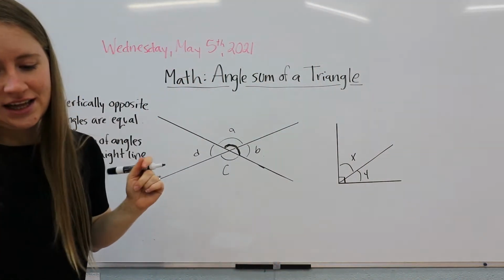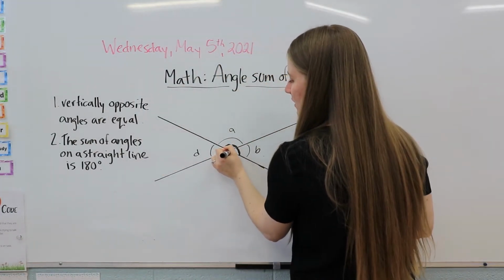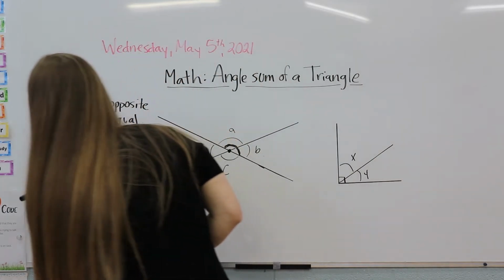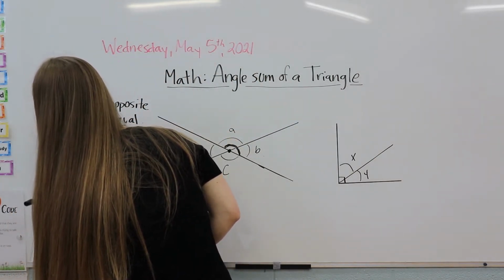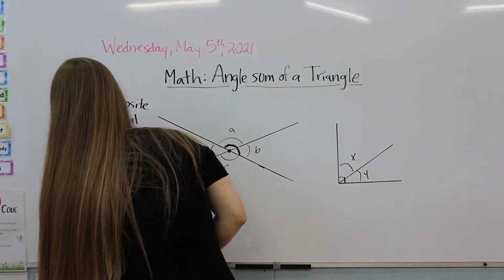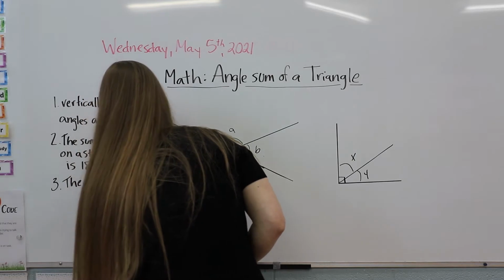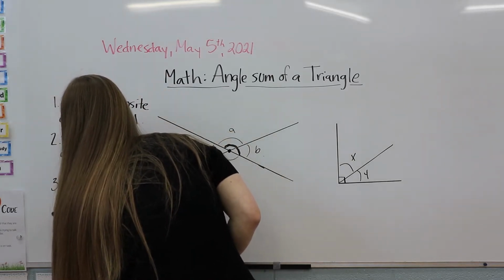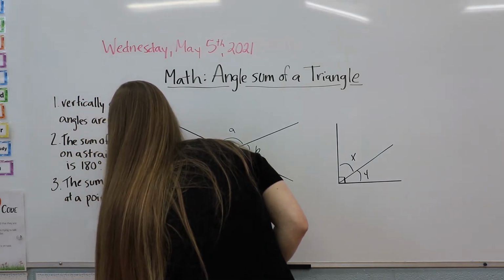which brings us to our third point. The sum of angles at a point is 360 degrees. So say this was a point in the middle, everything around it equals 360 degrees. So the sum of angles at a point is 360 degrees.